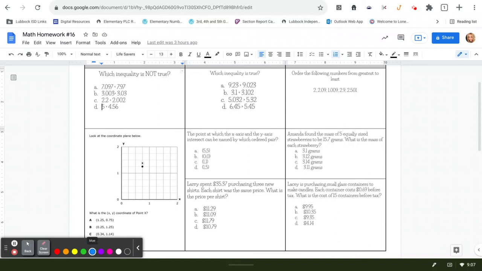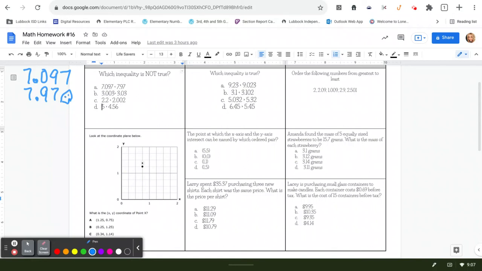The way to show your work for these problems is to line them up vertically. So we're looking for the one that is not true, the false statement. We're going to line up our answer choices and put in our phantoms.